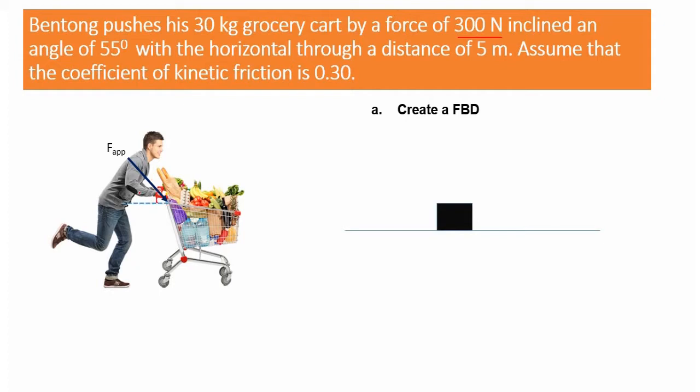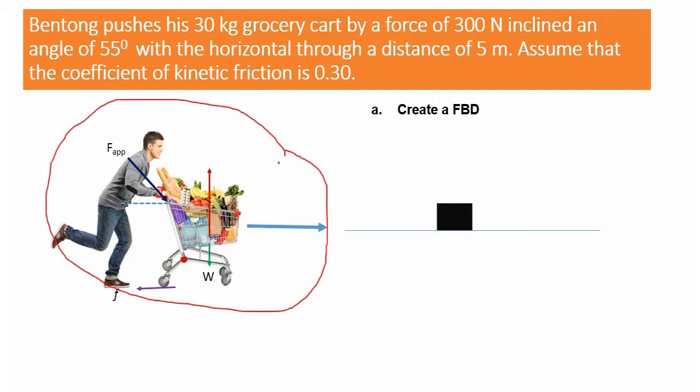So here, the angle is 55 degrees. And then, as it moves, it has friction, and this cart also has weight, and it has a normal force. And this is the movement of the cart going rightward. So this is just a rough illustration of the free body diagram.